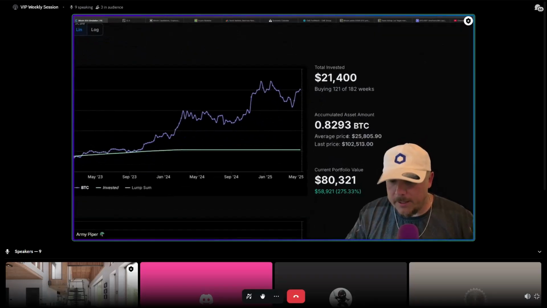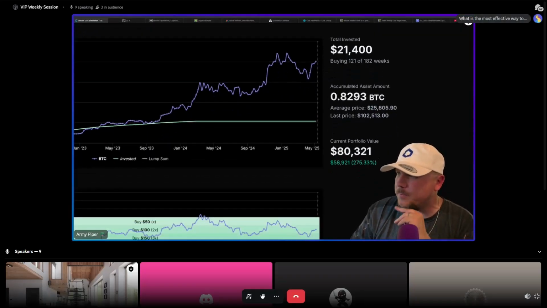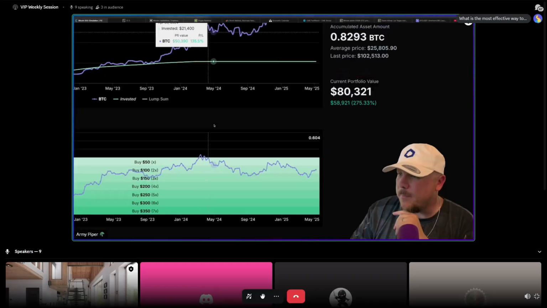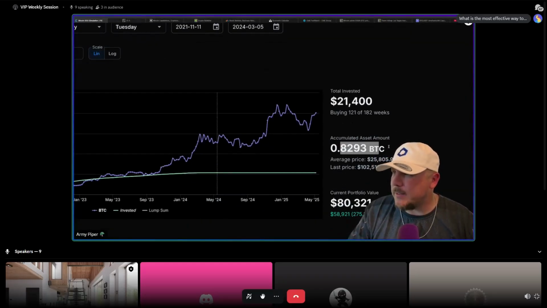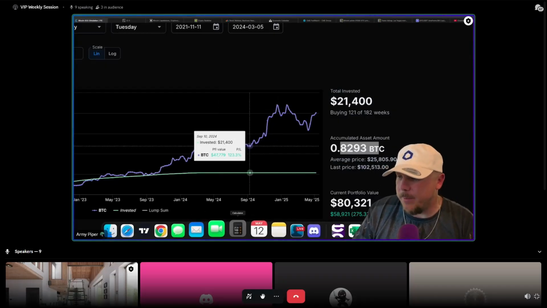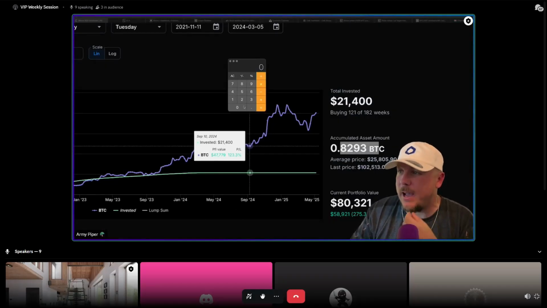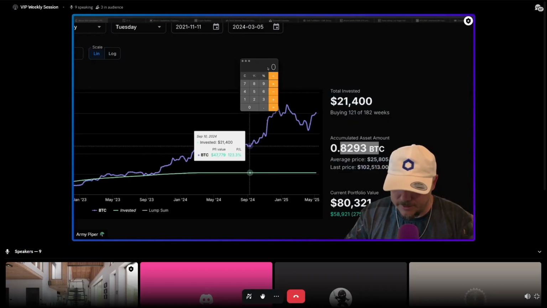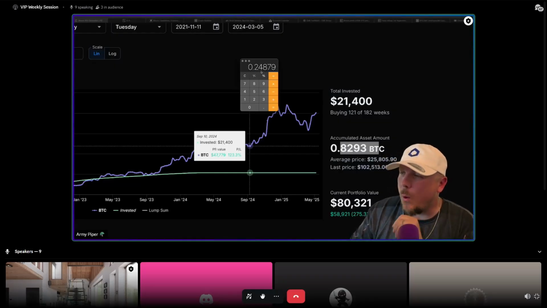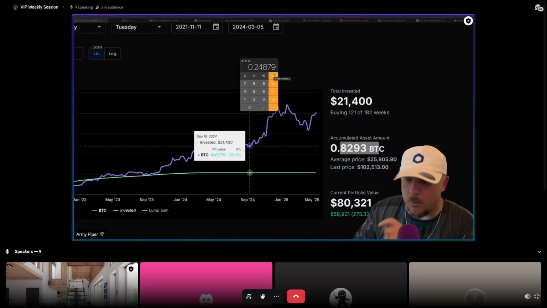Back here in March 2024, we would have a total of 0.8293 Bitcoin, and we're selling 30% of that count. So 0.8293 times 0.30 is 0.24879. And the price of Bitcoin at that time was about $77,300.